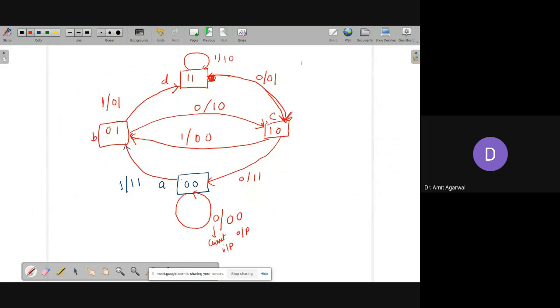So this completes our state diagram, showing how we move from one state to another as our input is 0 or 1. This is also called the state transition diagram.